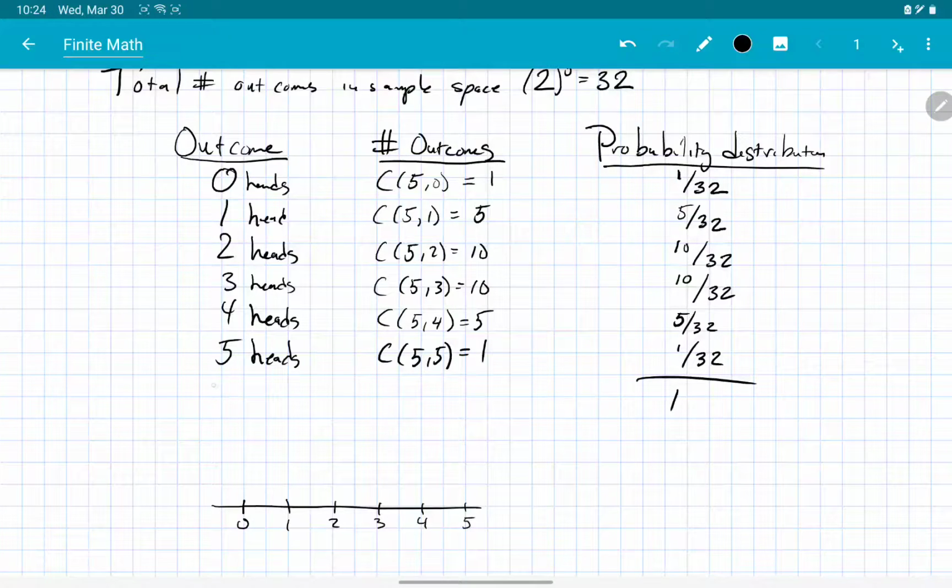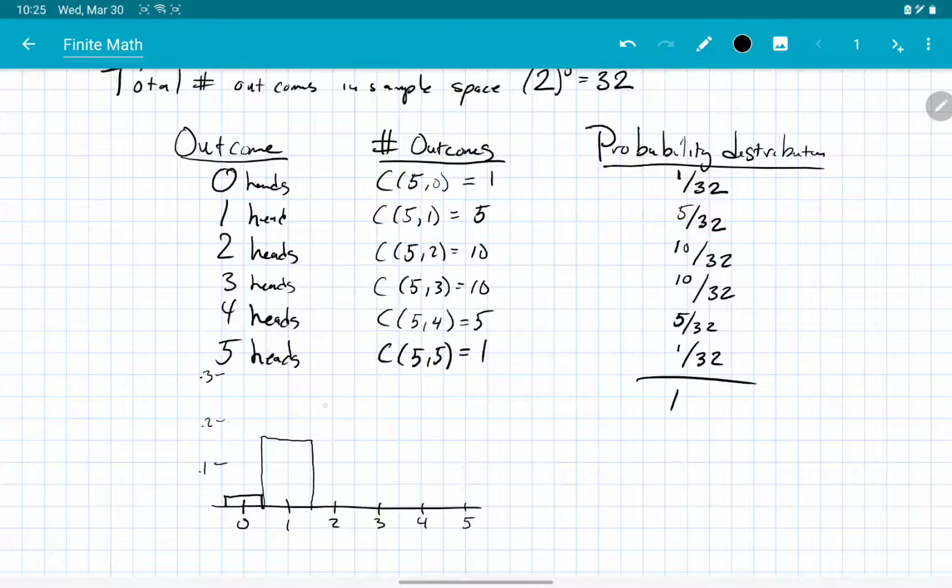This is going to be 0.1, 0.2, 0.3. Okay, 0 heads is 1 out of 32, which is a pretty small possibility. 1 head is 5 out of 32. Okay, so that's going to be about 15%.